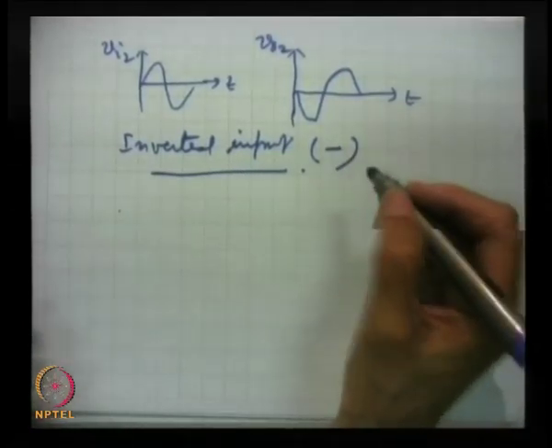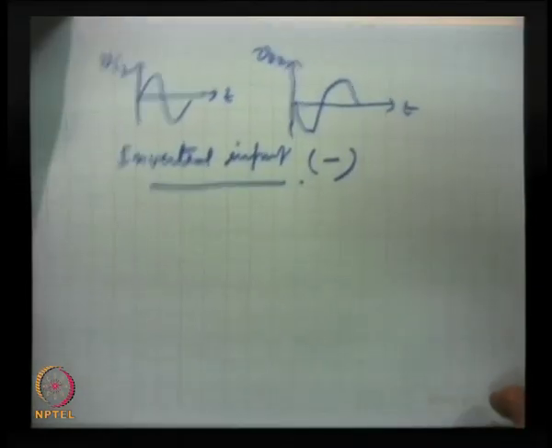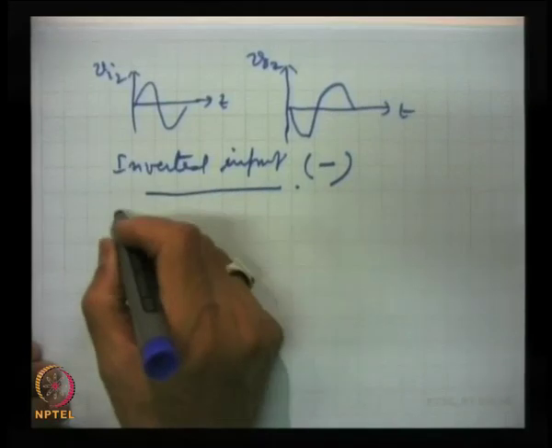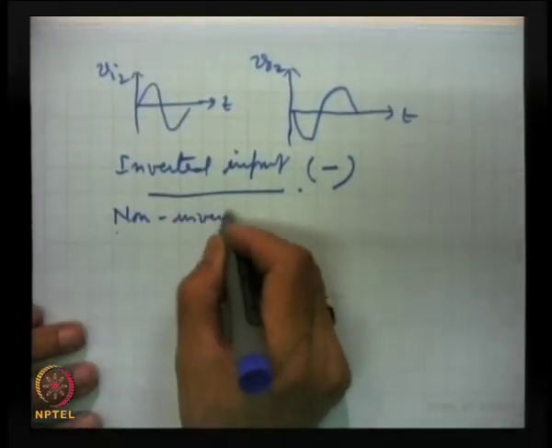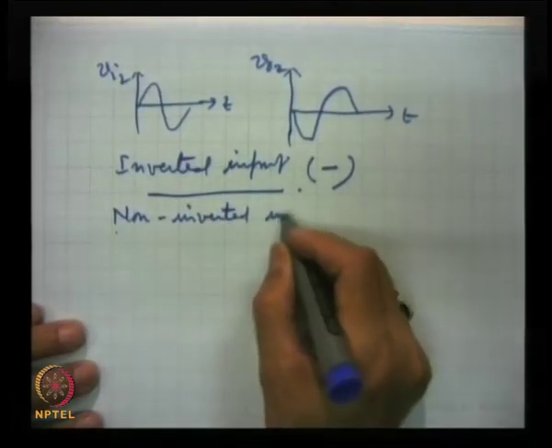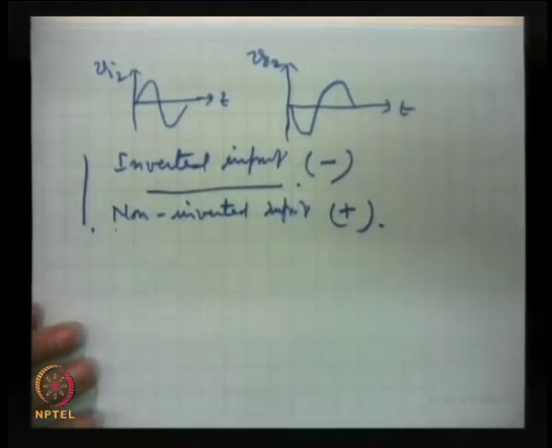It is shown, and in the logic circuit diagram also on the device it is minus, and the non-inverted input with a plus sign. So these are the two inputs.